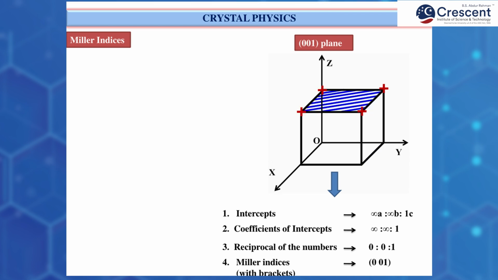Similarly, see the plane which cuts the z-axis at 1, so the plane is parallel to x and y. You can easily identify it because the intercepts at a and b are infinite and the plane cuts the z-axis exactly at 1, so the Miller indices are 0, 0, 1.